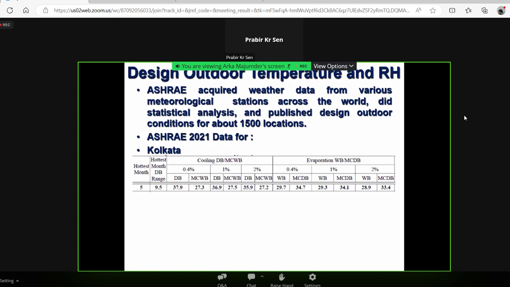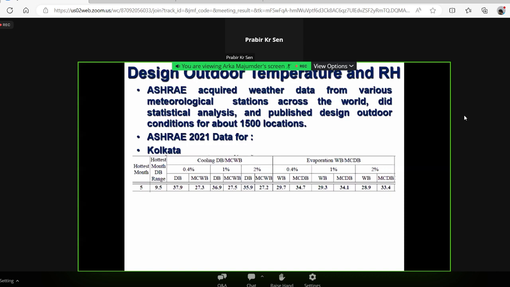So if we consider design outdoor dry bulb temperature for Kolkata as 37.9 degrees centigrade, then all over the reasonable life cycle of AC plant, only on 0.4% of the time, the outdoor dry bulb temperature will exceed 37.9. So we call it 0.4% occurrence level.